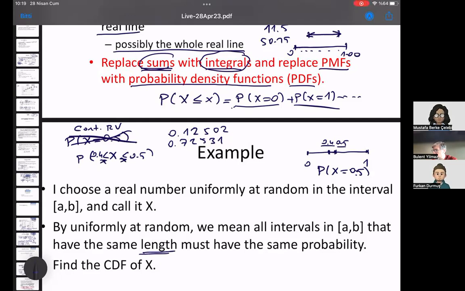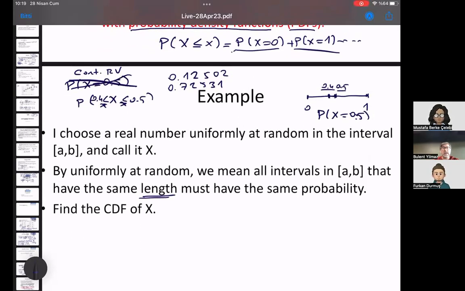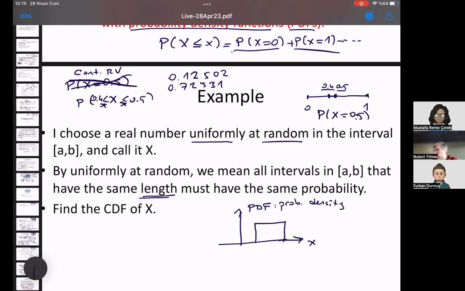For example, what is the probability? For example, arkadaşlar, I have a uniformly distributed random variable. Okay, that means my uniformly distributed random variable's PDF is something like that. Okay, this is my PDF, probability density function. This is what we call it for continuous random variables, if you remember.